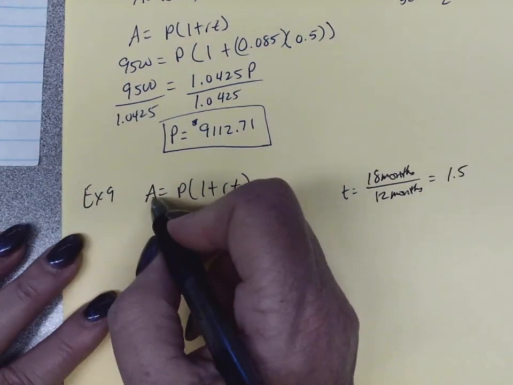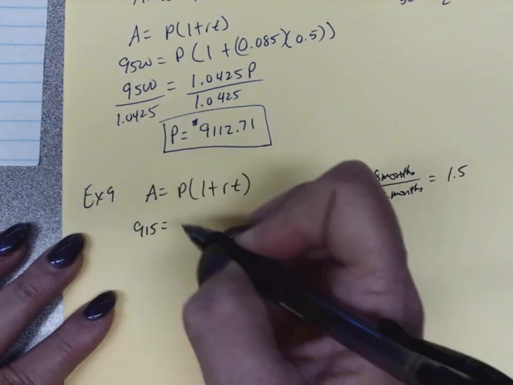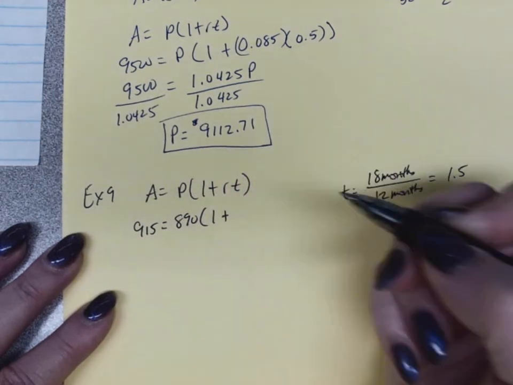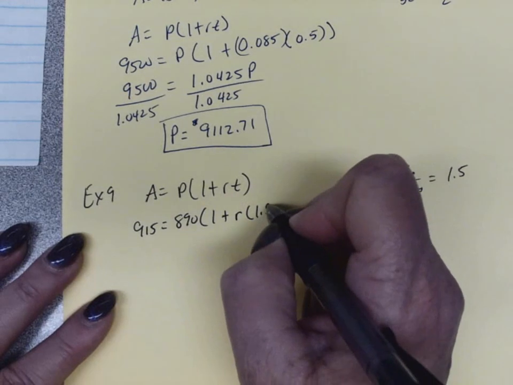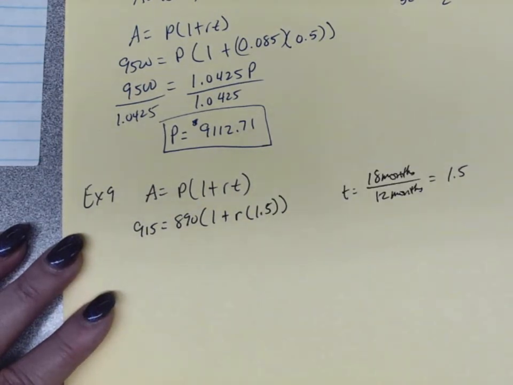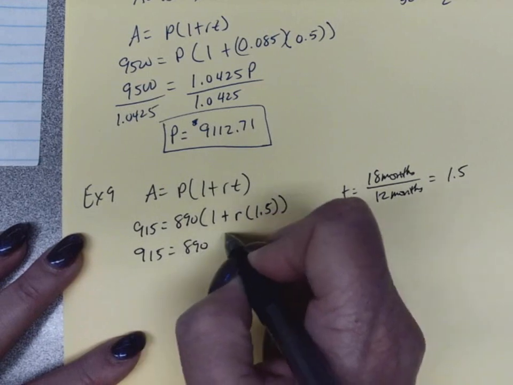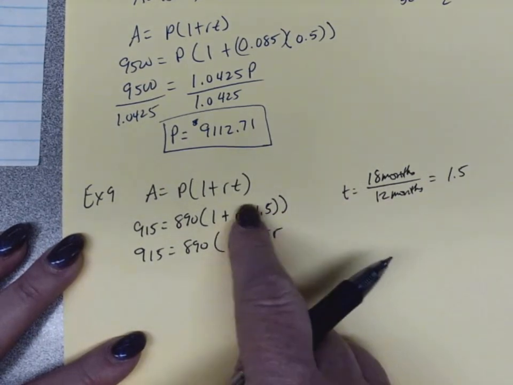So again, the accumulated value that we paid the check for was $915 to pay off our loan of $890. We're looking to find the R, and the T is 1.5. So 915 equals 890 times 1 plus 1.5 R. I'm just simplifying this part here.